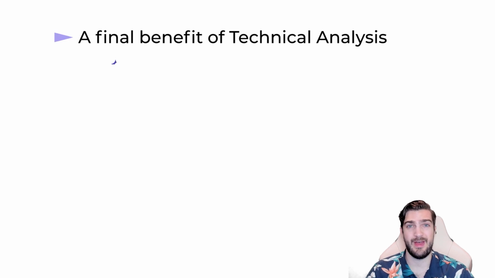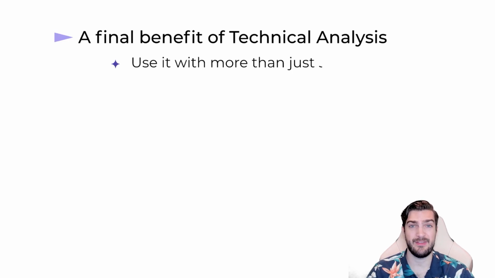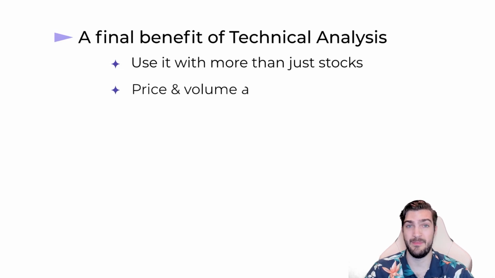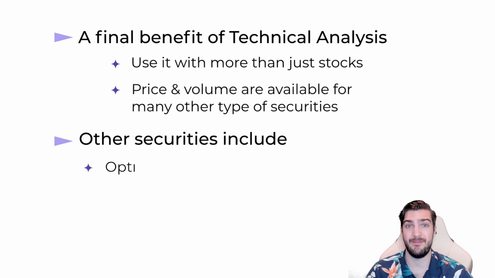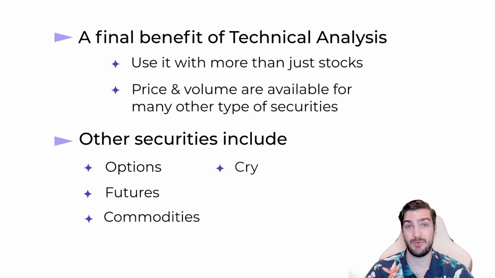Unlike fundamental analysis that we're limited to looking at stocks and companies that we have significant data for, technical analysis is just using price and volume, which are two attributes that we have for many different types of securities as well. This opens up many opportunities for us to look at investing into options, futures, commodities, or even cryptocurrencies and Forex.